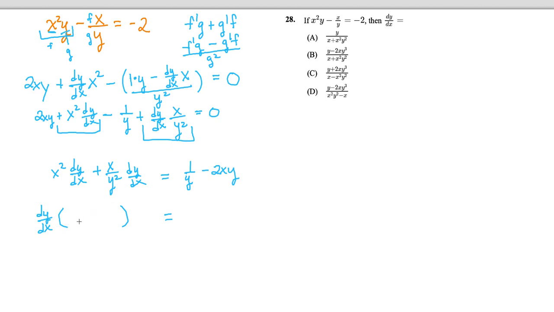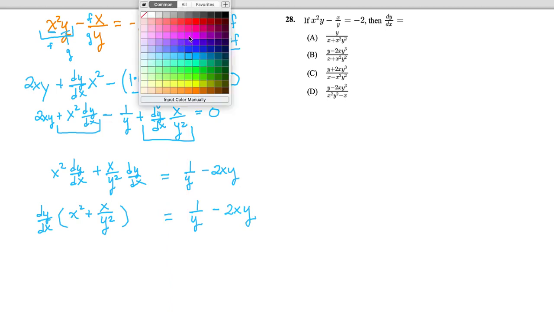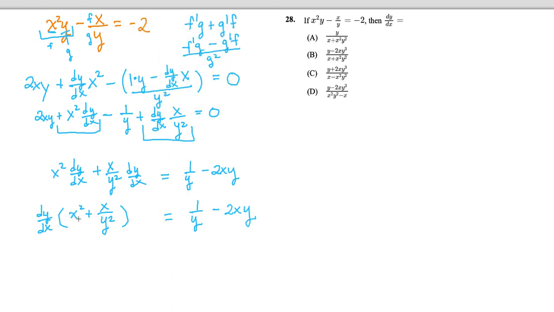But what I want to immediately do is actually get a common denominator, because I need what I get for dy dx to match one of these choices here. So I need to make it look a little nice. Now I could just write x squared plus x over y squared. I'll do that intermediary step for you so you see what I mean. Now what I have to do is get a common denominator between x squared over 1 and x over y squared.